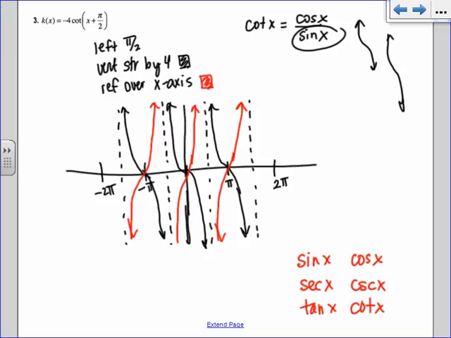Everybody always wonders why sine and cosine aren't reciprocals and secant and cosecant aren't reciprocals. But it has to do with the shapes of their graphs. So sine and cosine look the same. Secant and cosecant look the same. Tangent and cotangent kind of look the same. Just one is backwards, right?